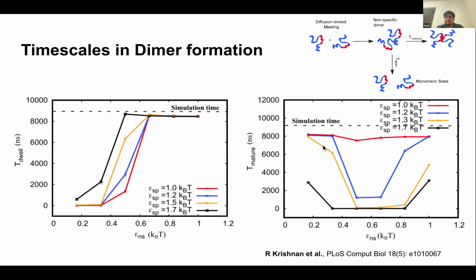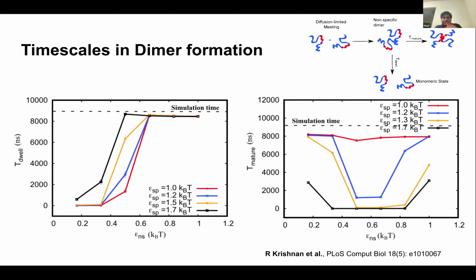So what I said earlier: if the interaction is very low, they will come nearby for very little time, and if they come nearby, then they dwell and form a mature interaction. For them to come nearby, there is an ideal middle region where the ideal interaction is 1 kbT, we call it.